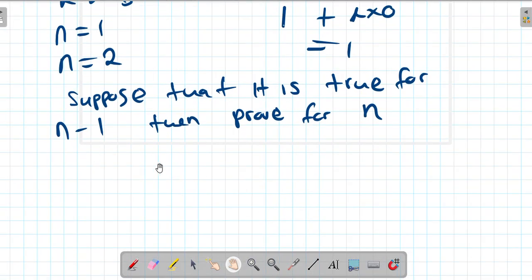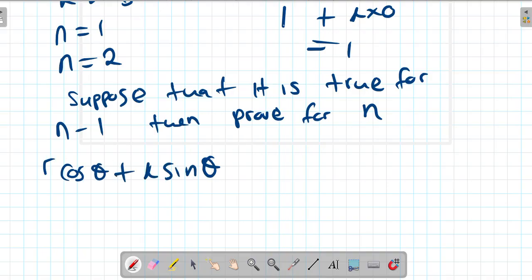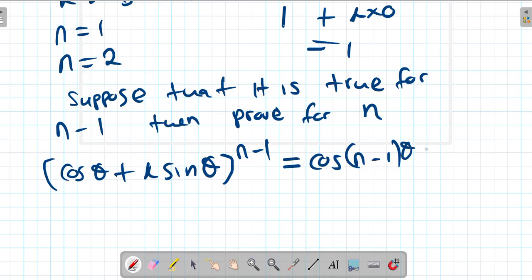So if I suppose that it is also true for the n minus 1 step, which means that (cos theta plus i sine theta) raised to the power n minus 1, because we're supposing that the n minus 1 step is true, is equal to cos (n minus 1) theta plus i sine (n minus 1) theta.